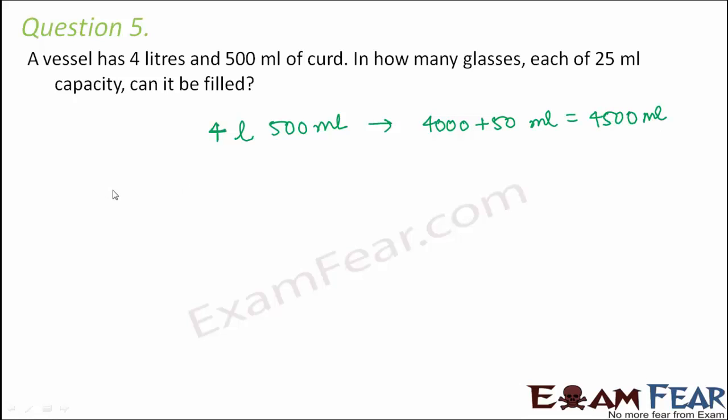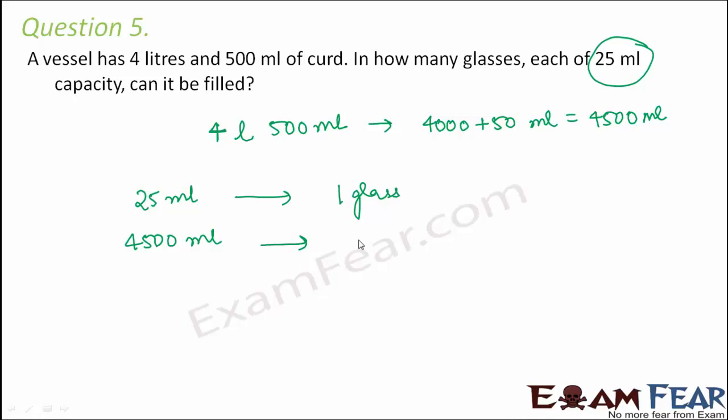Which is equal to 4500 milliliters. Now the capacity of each glass is 25 milliliters. That means 25 milliliters is the capacity of 1 glass. So 4500 milliliters would be the capacity of 4500 divided by 25 glasses. So let us divide 4500 by 25.